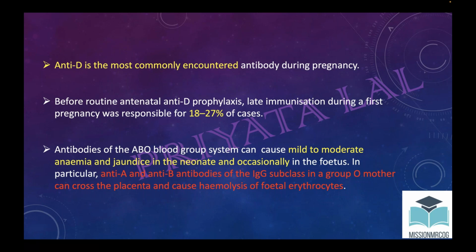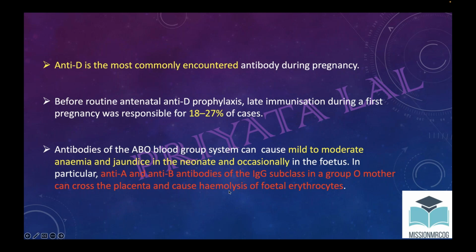This also I have already explained, that the ABO system can also cause a mild degree of hemolytic disease, but it will be very mild only, and it usually happens if the mother's blood group is O. Because if the mother's blood group is O, the mother will have both antibodies A and B, and if the baby is carrying A or B antigen, then there would be a reaction and there would be mild hemolysis.